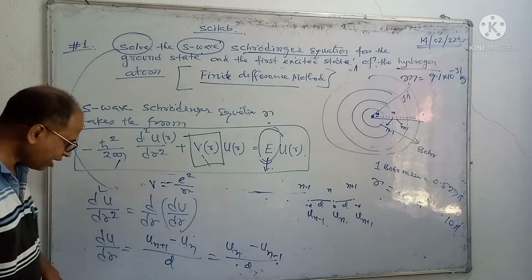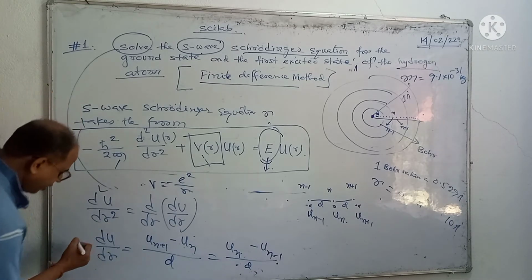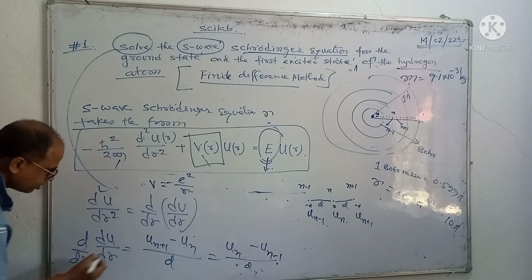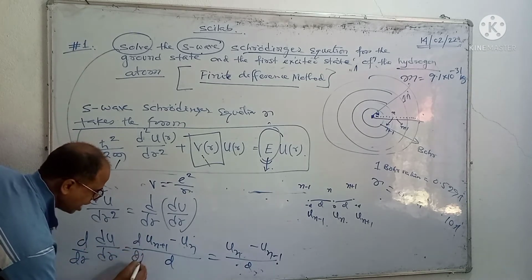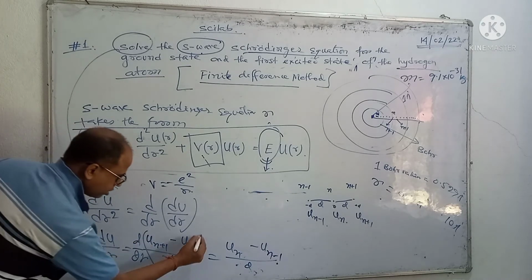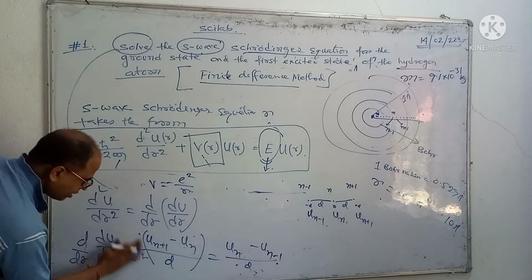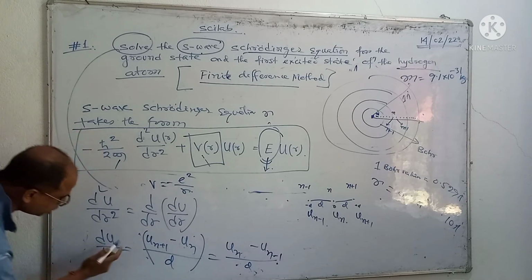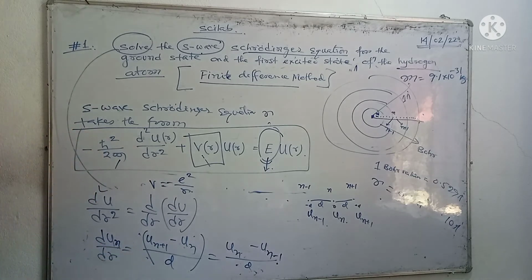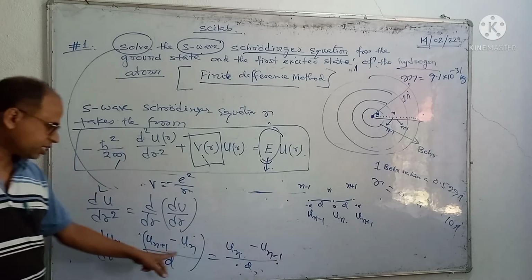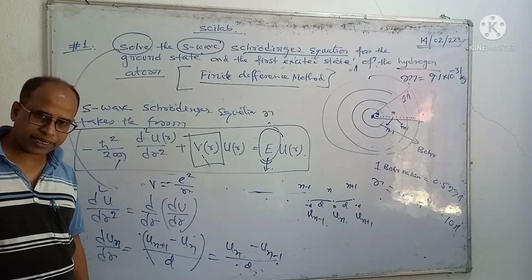Now d square u by dr square means d by dr, apply d by dr. Here it is dun by dr, right? This definition is dun by dr is equal to this one. Fine.